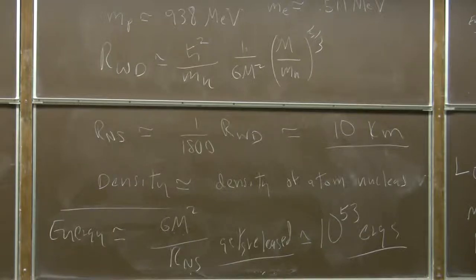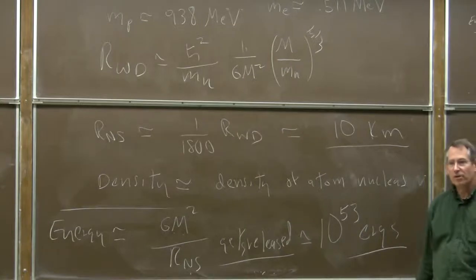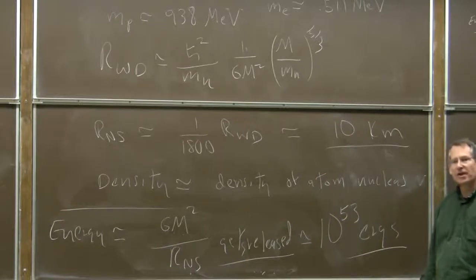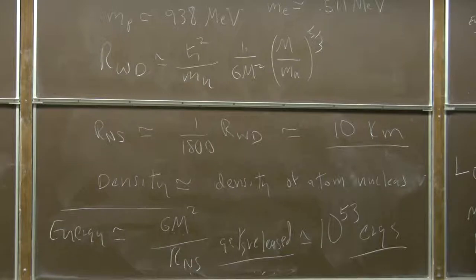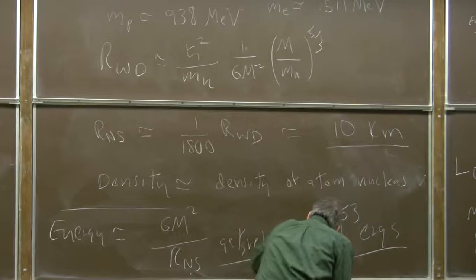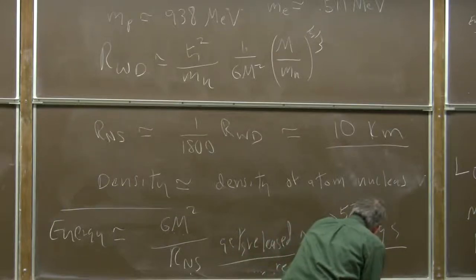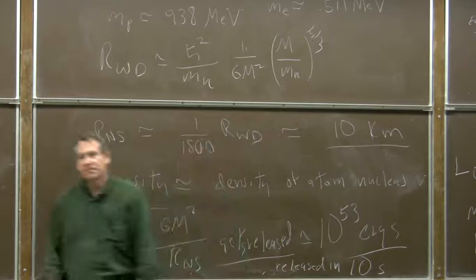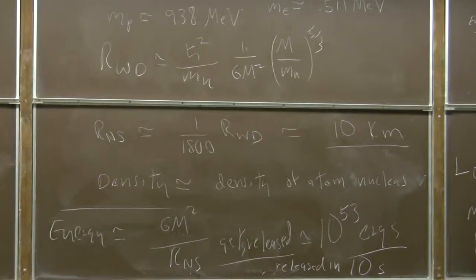So in its whole lifetime, how long it's been around, 10 to the 18 seconds or something like that, the energy it's put out is smaller than 10 to the 53 ergs by at least an order of magnitude. How long do you think it takes for this energy to get out of that star when it collapses? It takes about 10 seconds. 10 to the 53 ergs released in 10 seconds. More than 10 times the total energy the sun emits in its lifetime, and it comes out in 10 seconds.